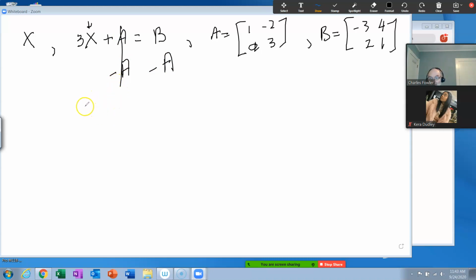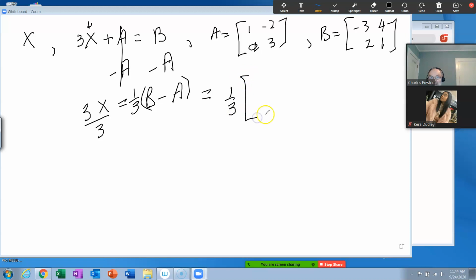And then what we got is 3 times matrix X is equal to B minus A. Now you could plug and chug. And then I'm going to divide both sides by 3, which is the same as multiplying by 1/3. Okay, so that's going to give us the answer we need. So that's going to be 1/3 of B minus A.